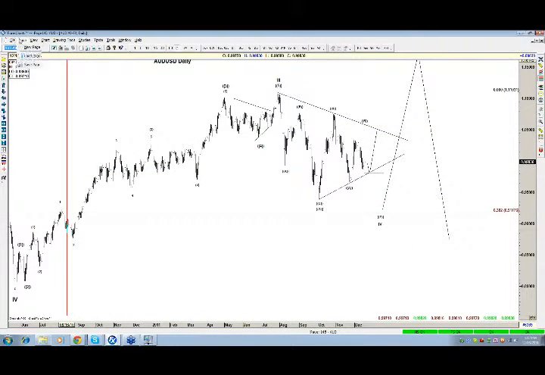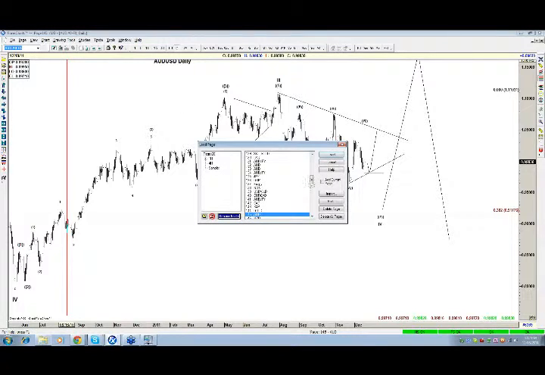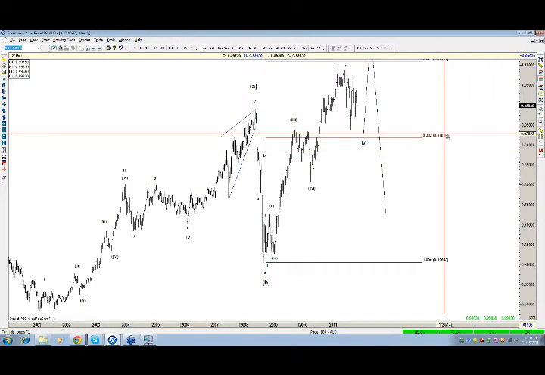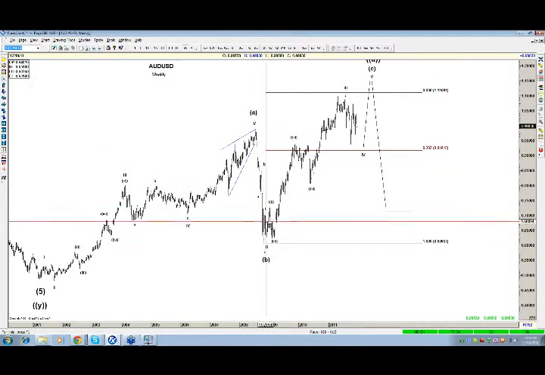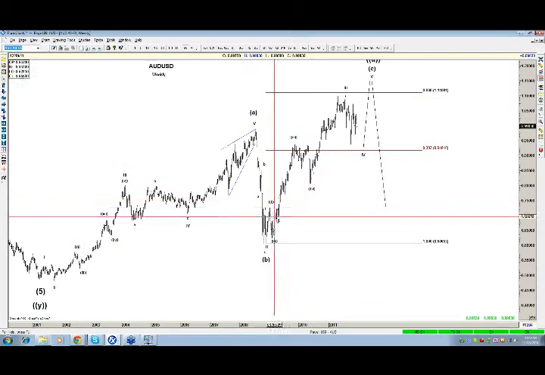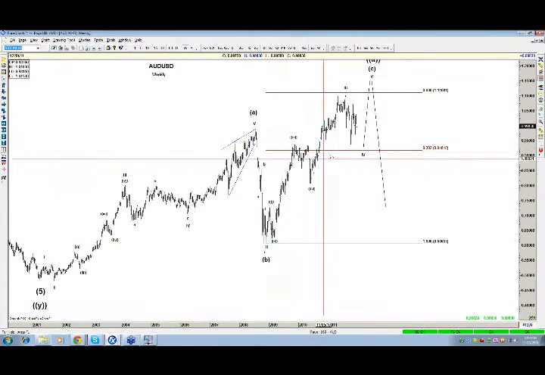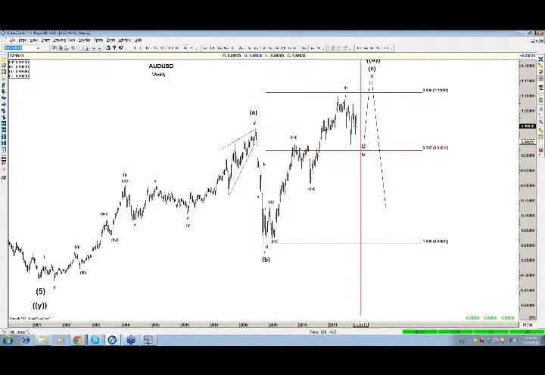Now, let me show you Aussie on the weekly. Same view. 1, 2, 1, 2, 3, 4, 3, and wave 4. It looks like a triangle in the making there.